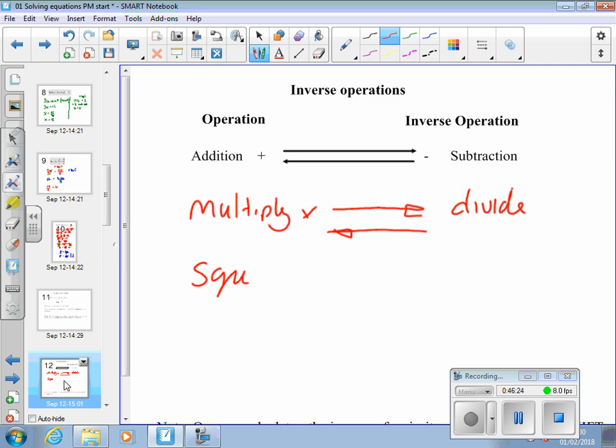Square and square root. Anyone know any others?